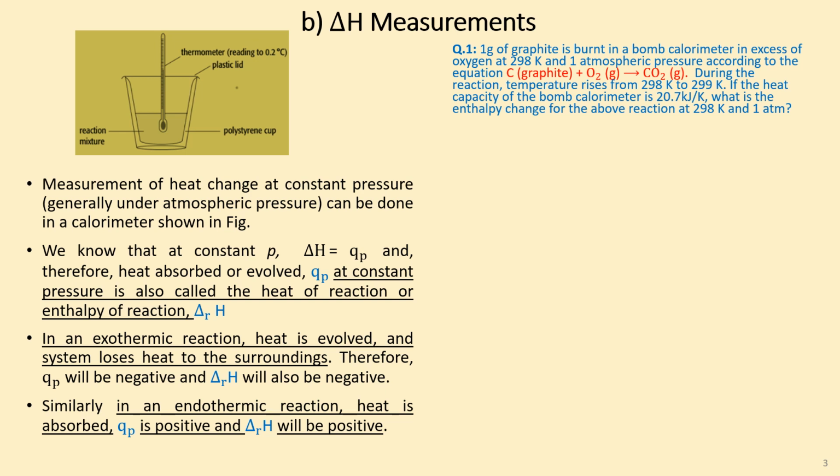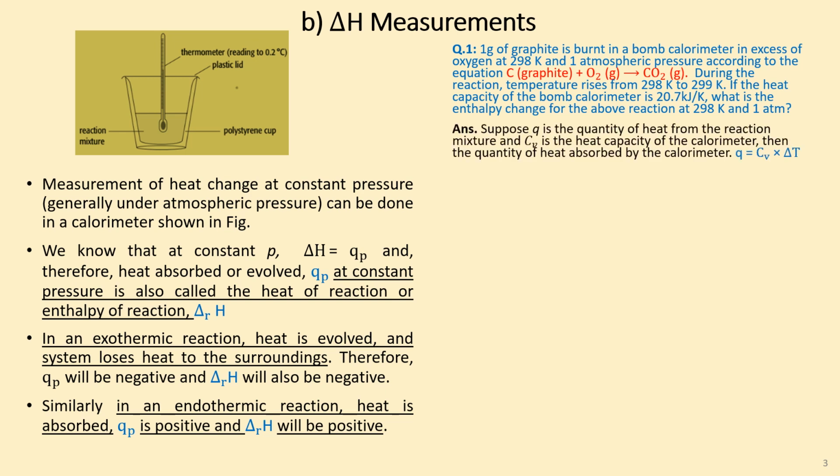During the reaction, the temperature rises from 298 to 299 Kelvin. If the heat capacity of the bomb calorimeter is 20.7 kilojoules per Kelvin, what is the enthalpy change of the above reaction at 298 Kelvin and 1 atmosphere? Please read the question again, interpret all the given terms and note them down.